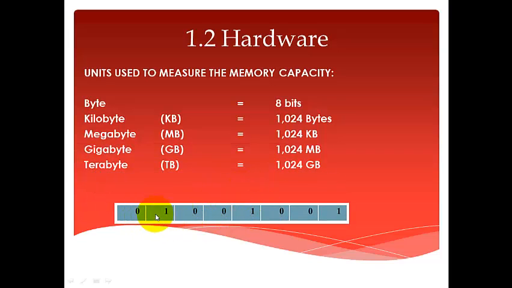This is an example for a byte. A byte is used to store 8 bits of information. A bit means either 0 or 1. Here 0 to 7, the count is 8. So 1 byte is used to store 8 bits of value.